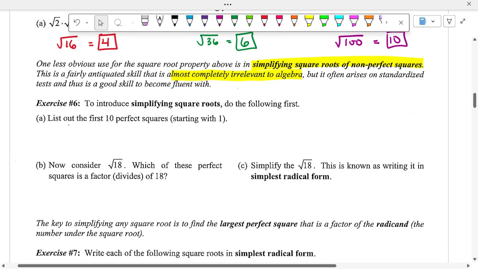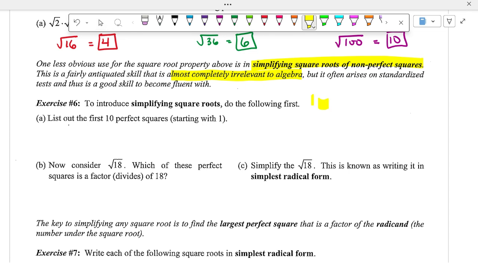First off, we're going to list out all the perfect squares, starting with 1, and we're going to go through 10. So the first 10 perfect squares. What's my very first perfect square? 1 squared. 1. Next. 2 squared. 4. Next. 9. That's 3 squared.